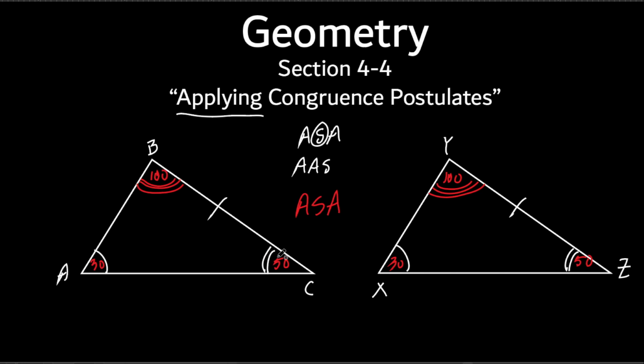Since I know two of the angles are equal to each other, that must mean the third one has to be equal. Agreed? All right. So I could just say that the angles are now equal to each other, and now I could call this angle side angle. Angle side angle. So really, I don't even need the angle side. That's why we say we're applying the postulate.